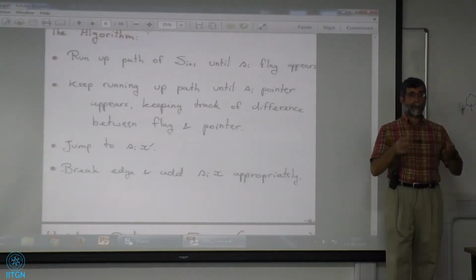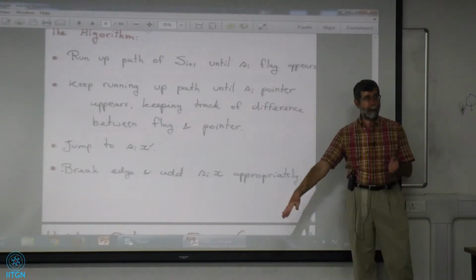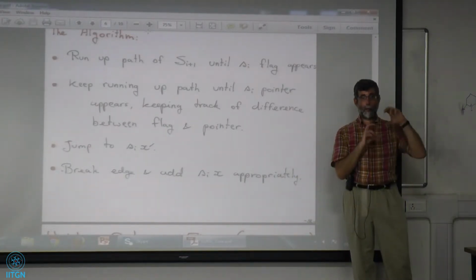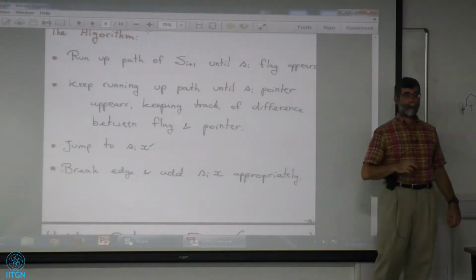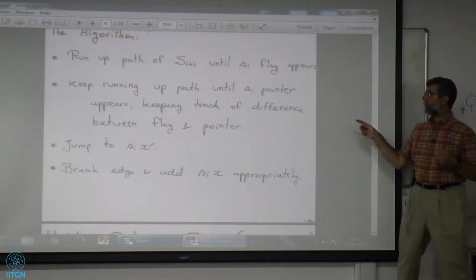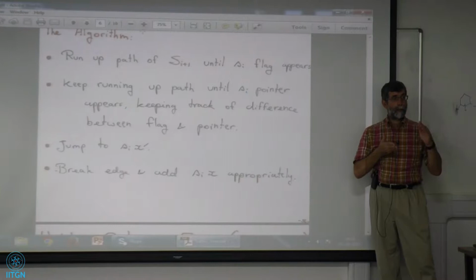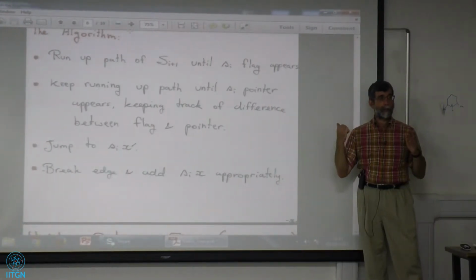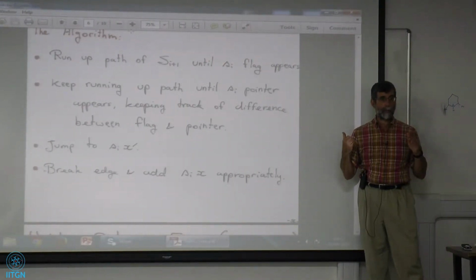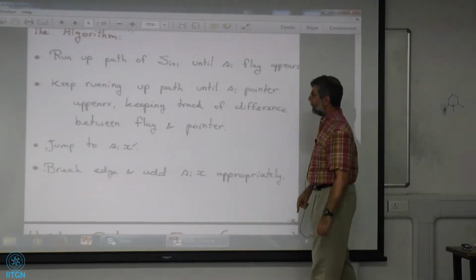You have a pointer to the real text, and the length of how much of that appears in this edge. So add them up until you get to the pointer, and you know this is the length that we're going to need to cut on the edge on the other side. So you keep running up until you encounter the Si pointer.